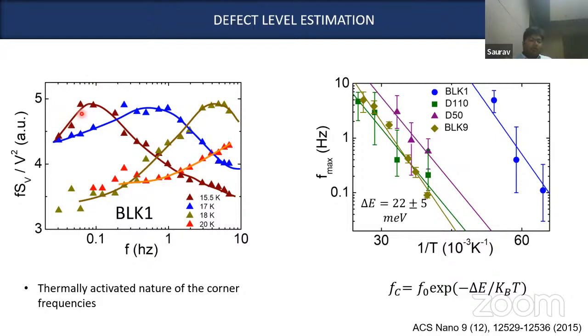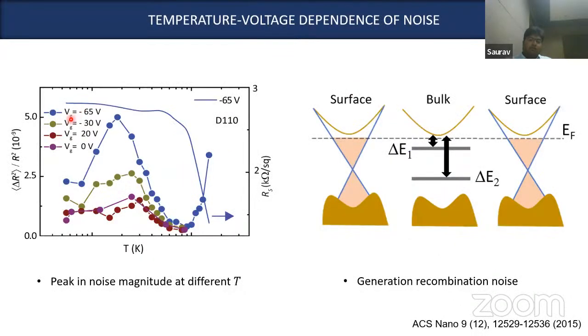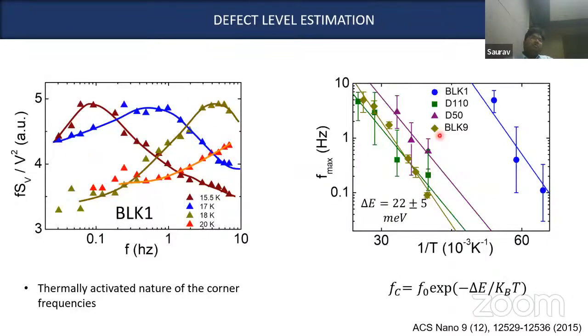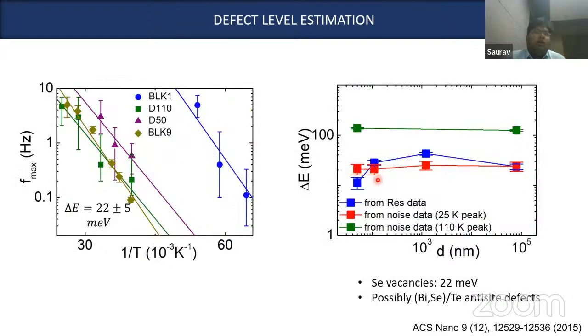So in the context of generation-recombination noise, these kinds of interband transitions lead to the noise, and experimentally we look at the activated nature of the corner frequencies, and from the fit we extract the energy scales of these transitions. What we see consistently is two energy scales appearing in these samples.